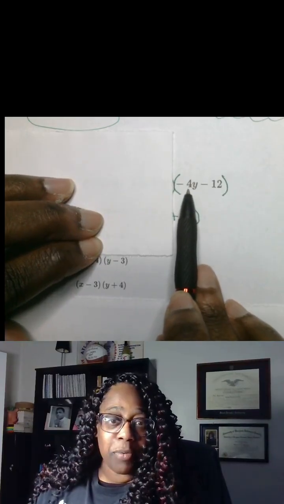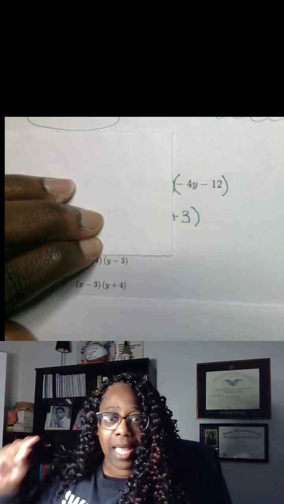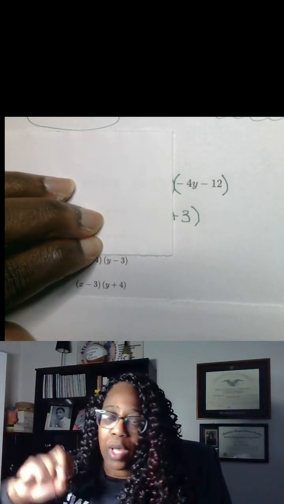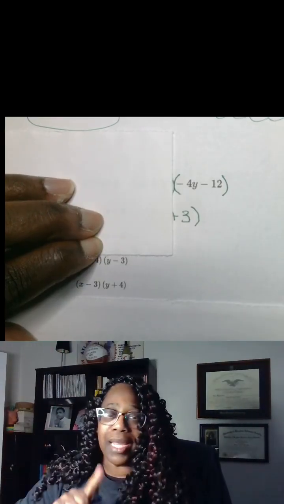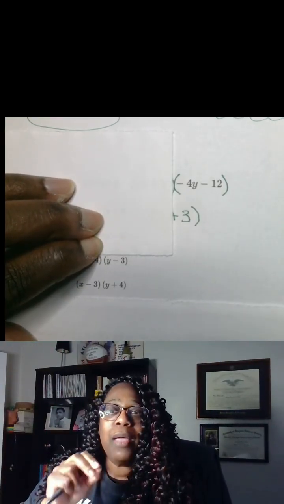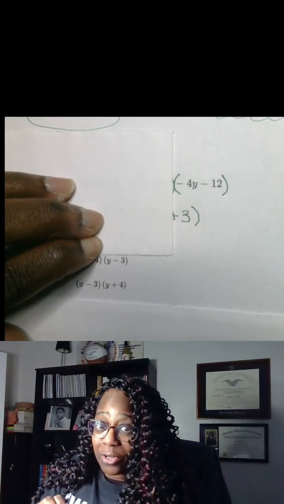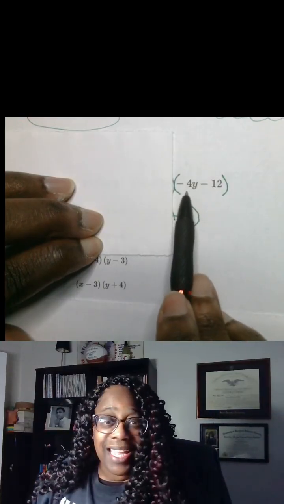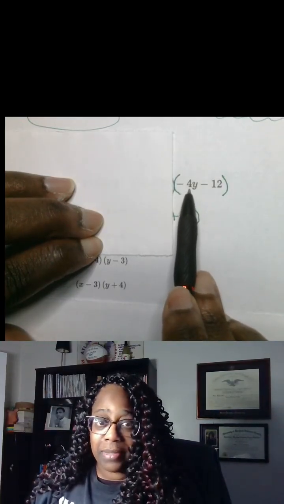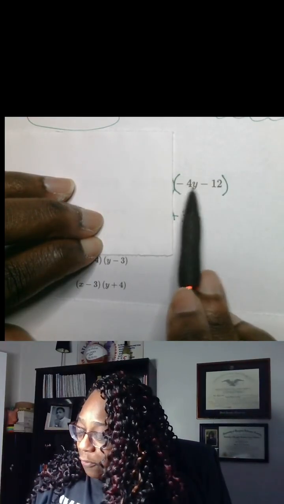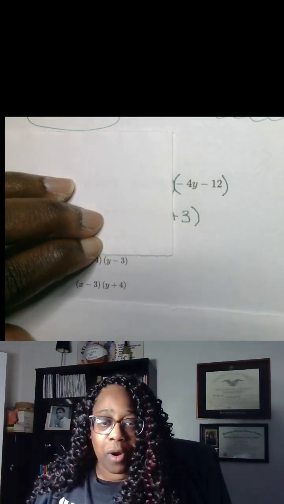I know a lot of people see the 4 and the 12 and say the answer is 3, because 4 times 3 is 12. True. But I want the factors. 3 is not found in the 4 times table. So what they both have in common is a 4.